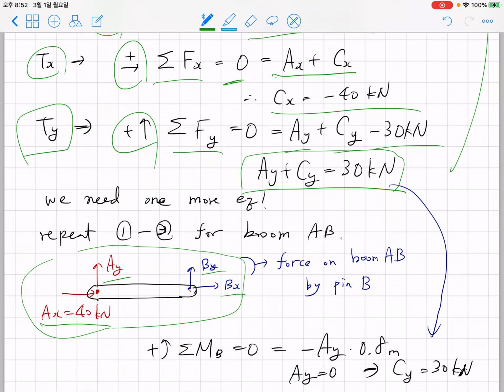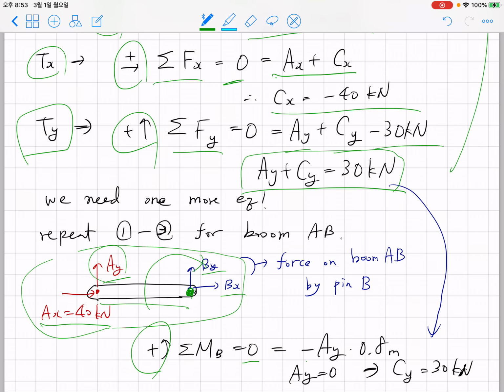To solve this problem, we consider the moment around point B. The moment sum should be 0, and we have Ay multiplied by 0.8, with a negative sign because this Ay force gives clockwise rotation, since we typically take counterclockwise rotation as positive.